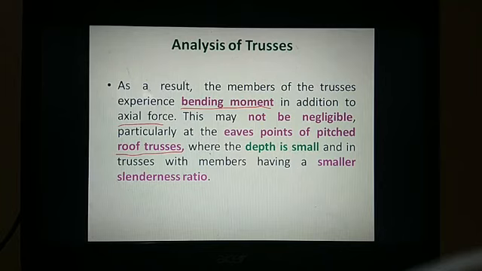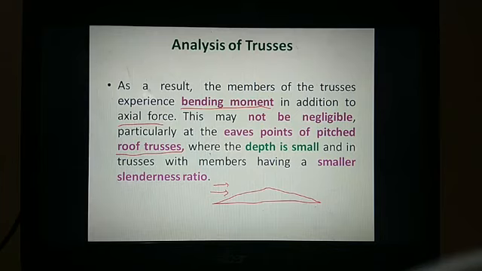Your truss is not horizontal, it is inclined. So forces like wind forces act as lateral forces on the roof trusses, and the top chord members in particular are subjected to bending. So when you are designing members like the top chords or bottom chords, they have to be designed not only for the axial force but also for the bending moments.